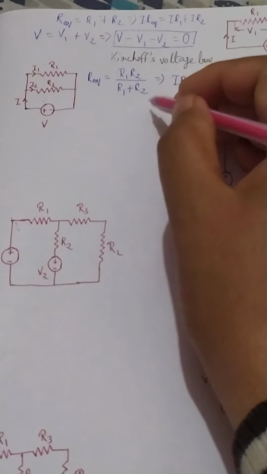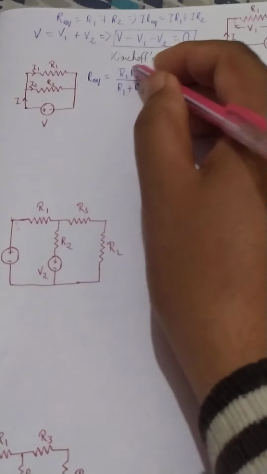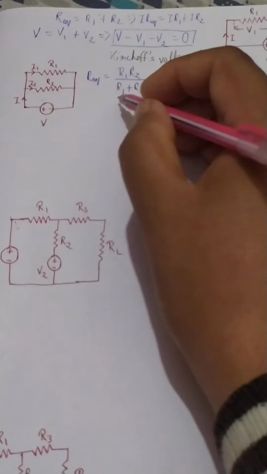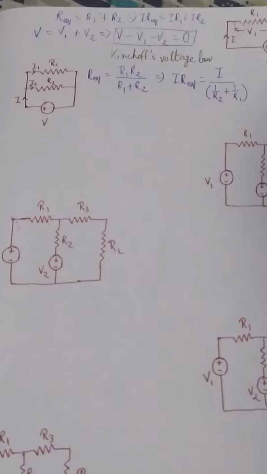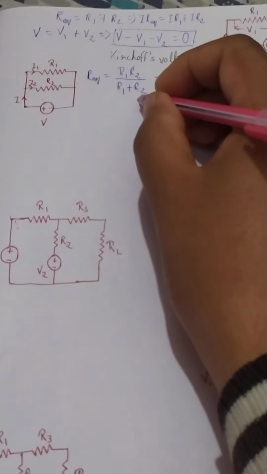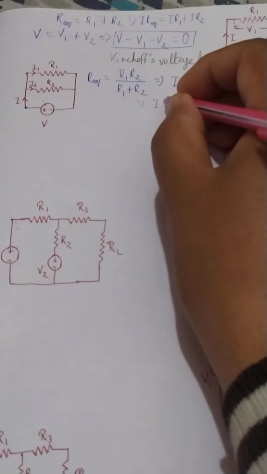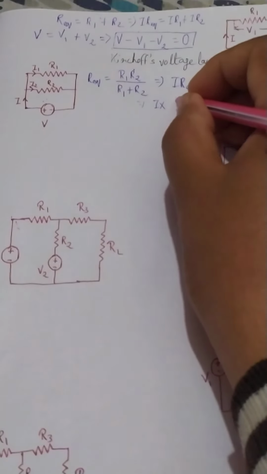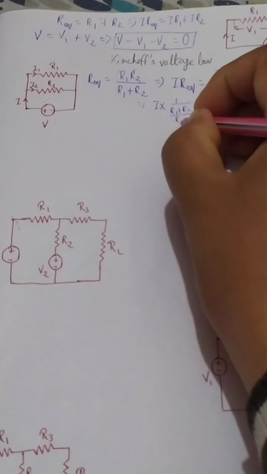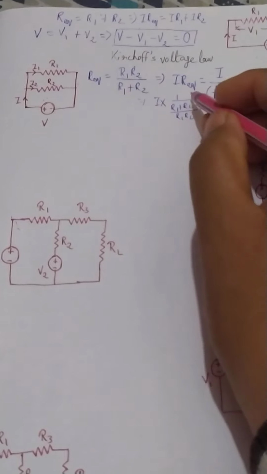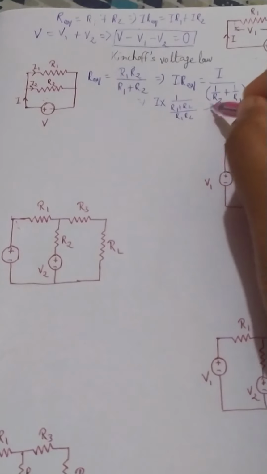We are taking R1 R2 to the back side. So the step jump is done, and from that we get to this one.